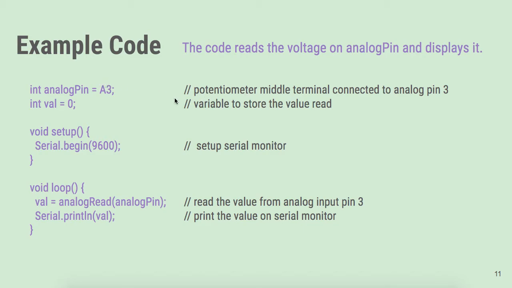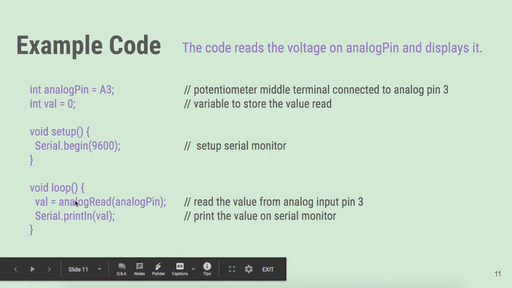That means that the potentiometer, because that's what I'm using in this example, is connected to analog pin 3. Whenever you're using analog pins, you want to put the A in front of it. If I wrote analog pin equals 3, the computer might think that I'm referencing a digital pin, and you don't want it to get confused. You have to tell it exactly what pin to look at.